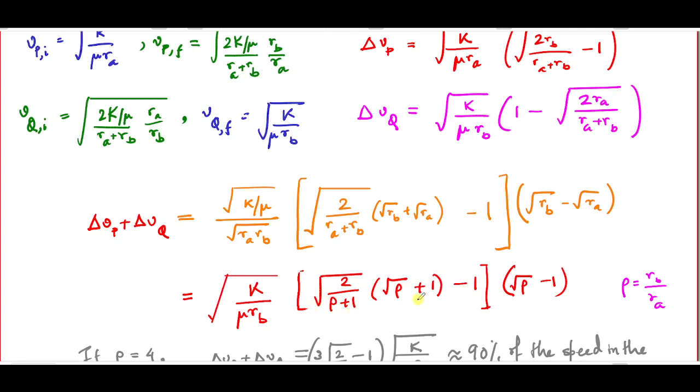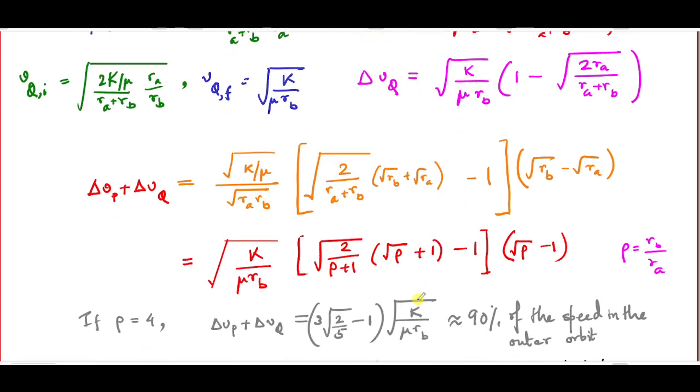Now, to get an idea about the kind of changes in speed we are talking about, if rho is 4, that is, the circular orbit is 4 times larger in radius than the initial orbit, what we get from this formula is delta Vp plus delta Vq works out to be 3 times, that is root over (4 plus 1), times root over 2/5 minus 1, multiplied by this root over k/(mu Rb), and that's 90% of the speed in the outer orbit.